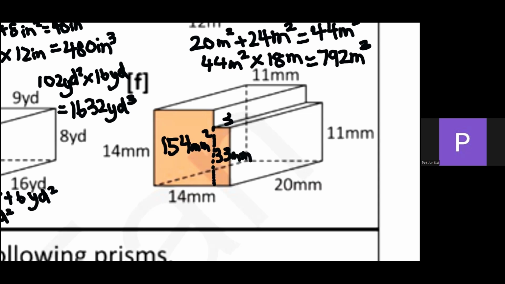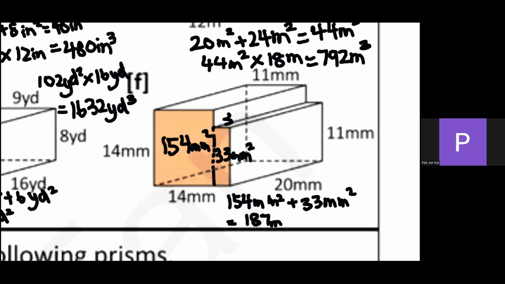So 154 millimeters square plus 33 millimeters square, we would get 187 millimeters square.